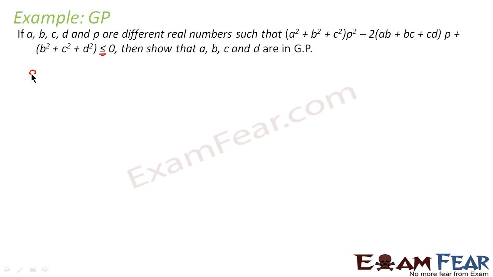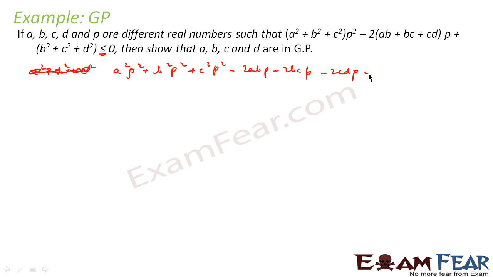So what we observe from this equation, let me write this equation first. A square plus b square plus c square. Okay, let me expand this: a square p square plus b square p square plus c square p square minus 2abp minus 2bcp minus 2cdp plus b square plus c square plus d square, this is less than or equal to 0.